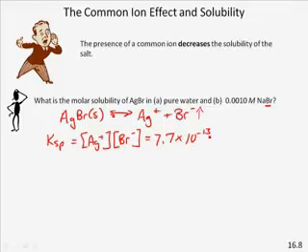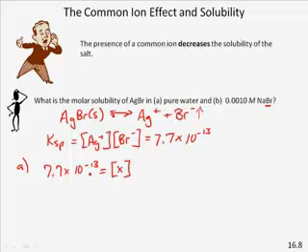So with water, how would we find that? Well, 7.7 times 10 to the minus 13, and if the solubility of the silver bromide is X, the concentration of the silver ions would be X, and the concentration of the bromide ions would be X.